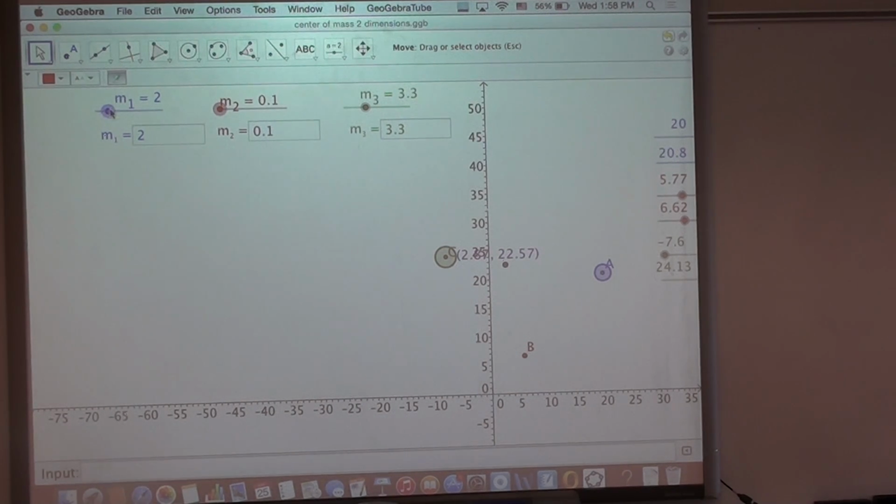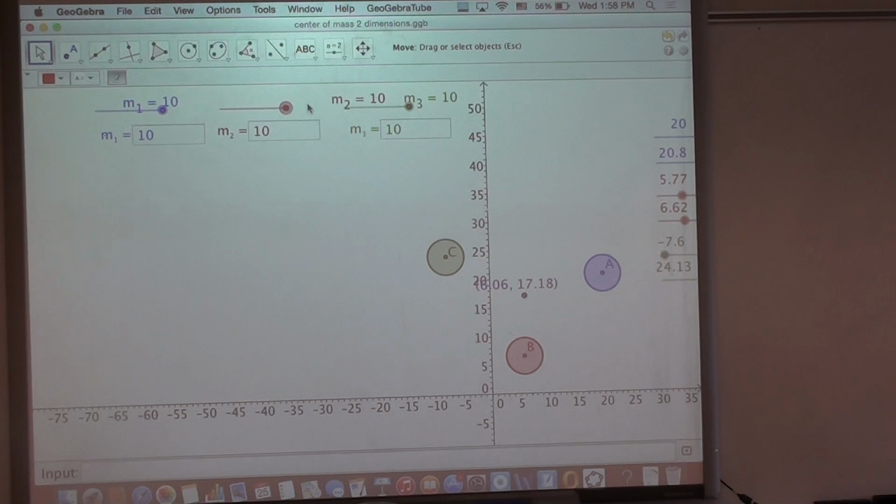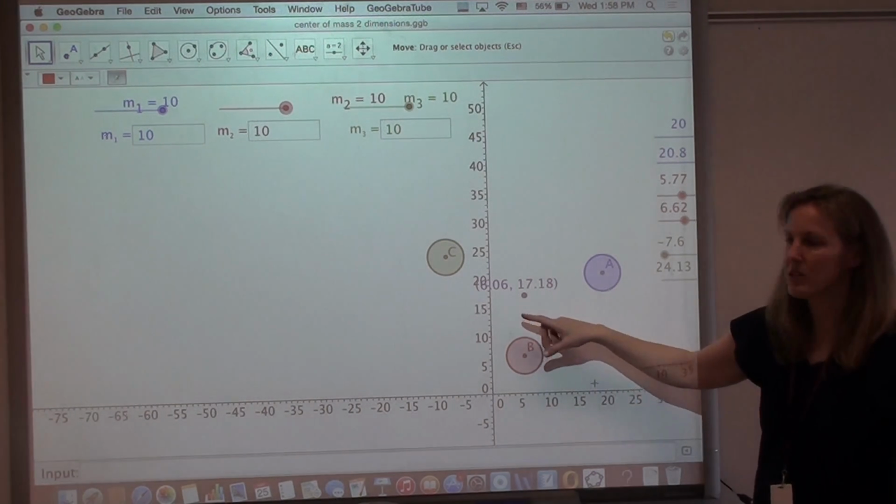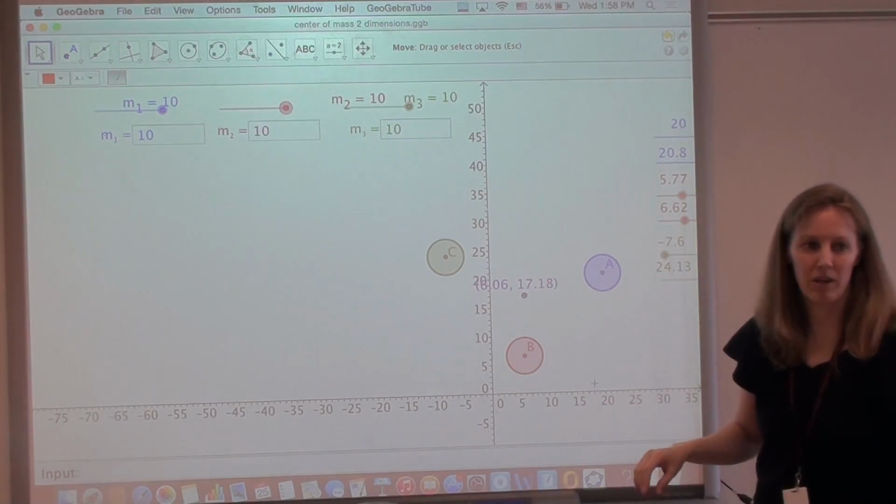If I make this one bigger, it gets pulled that way. If I make them all the same, then the center of mass is truly in the center and it's equidistant from all 3.